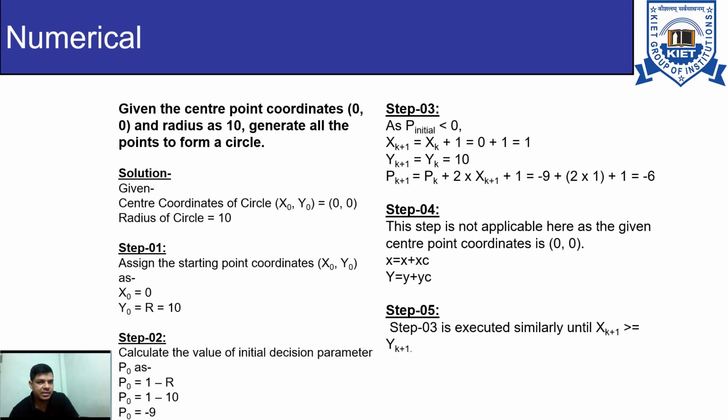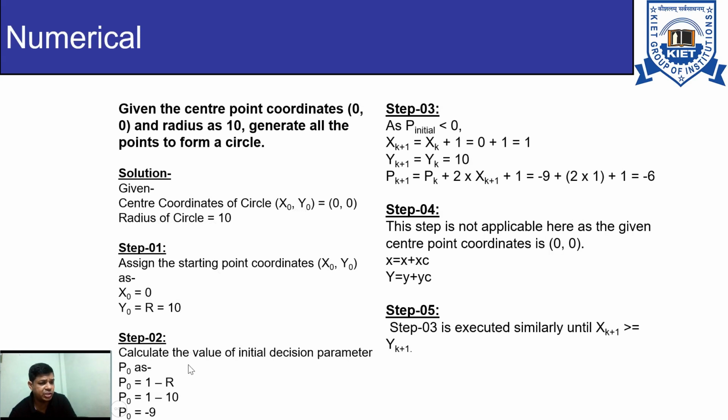So here is a numerical of circle, and you have to draw a circle whose center is at 0, 0 and the radius of the circle is 10. So the value of x0, y0 is 0, 0, and the radius of the circle is 10. We know that the first point has the coordinate 0 comma r, so the first point is 0 comma 10.